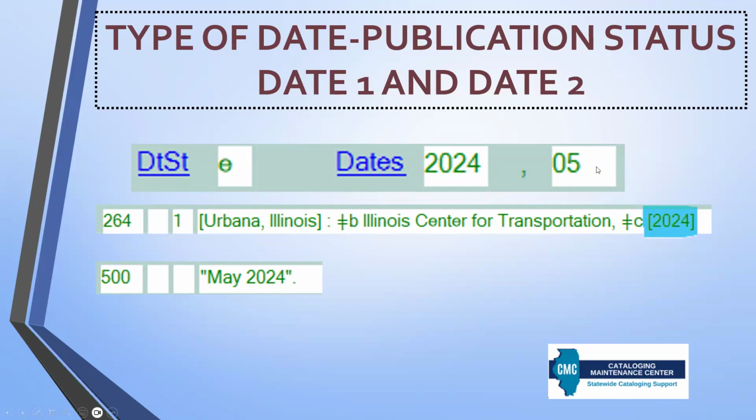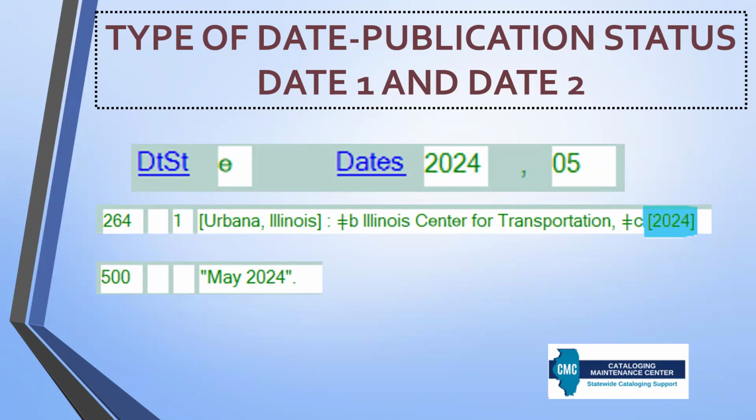There would be a UU. But in this case, we don't know and we can't infer what day of the month it was published. And then also to go along with this, in the 500, you're going to put May of 2024. I'm not sure why they put it in quotes, but that's what it says. And then don't forget the period after that. In the 264 fields, since it's just month and year, you're going to put the year in brackets.